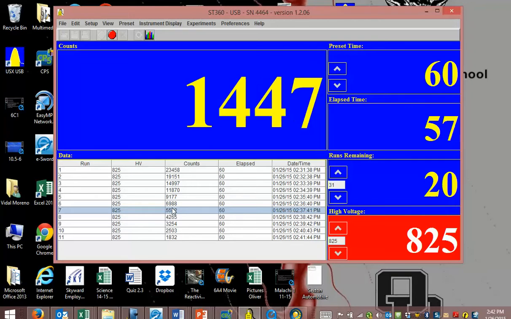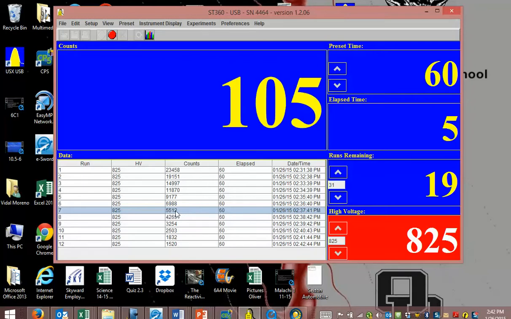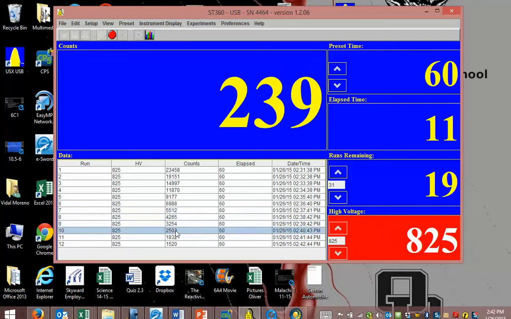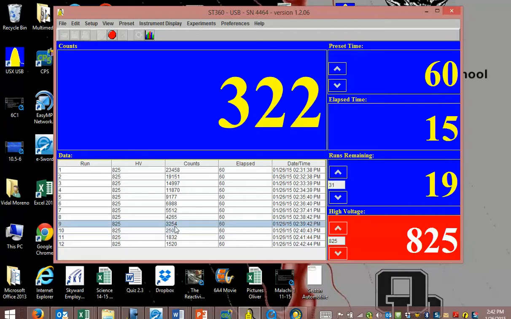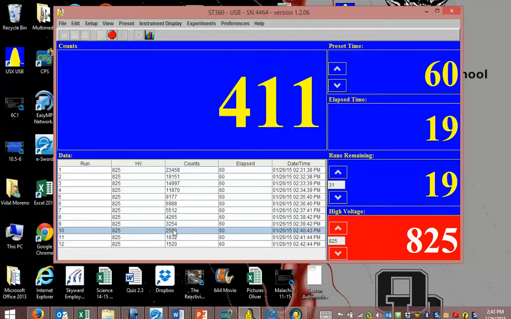Let's do another one, 5512. What is half? 2756. Okay, so it should be between the second and third minute. This is it. Between the third and second minute is the half-life. And that's right, it's 2.55.